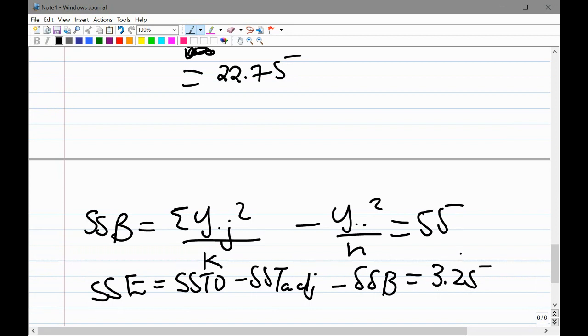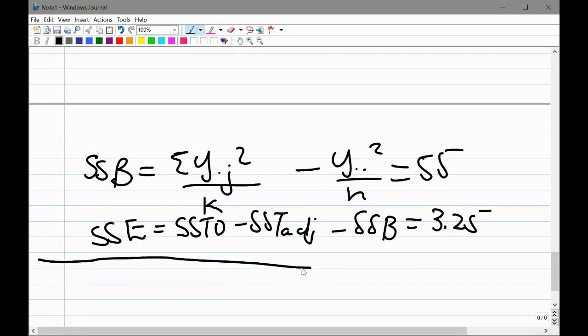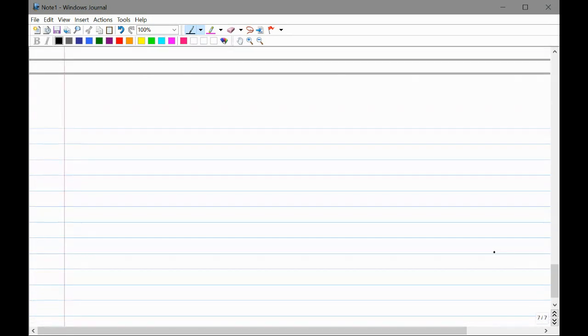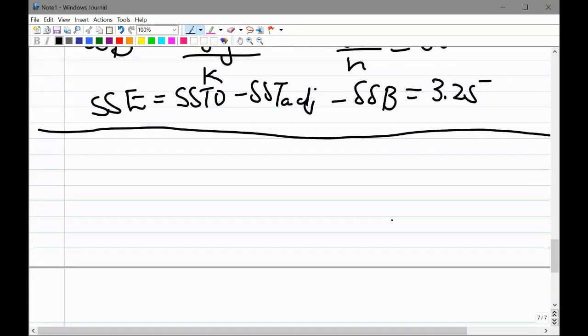So with this information, please go and complete the problem. Go and complete an ANOVA table so that tomorrow, in the first session, we will do the hypothesis testing. The second session, we go to chapter 6. We'll be done with chapter 4. Chapter 4 is just to know how to adjust for the treatment and for the blocks.